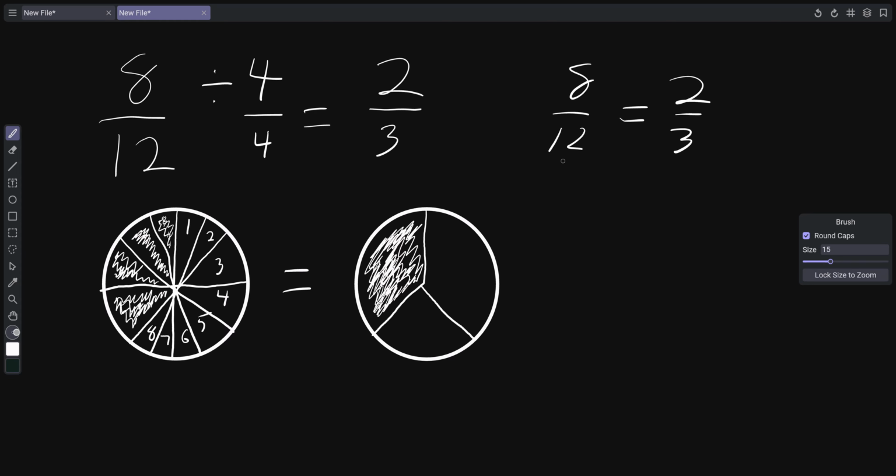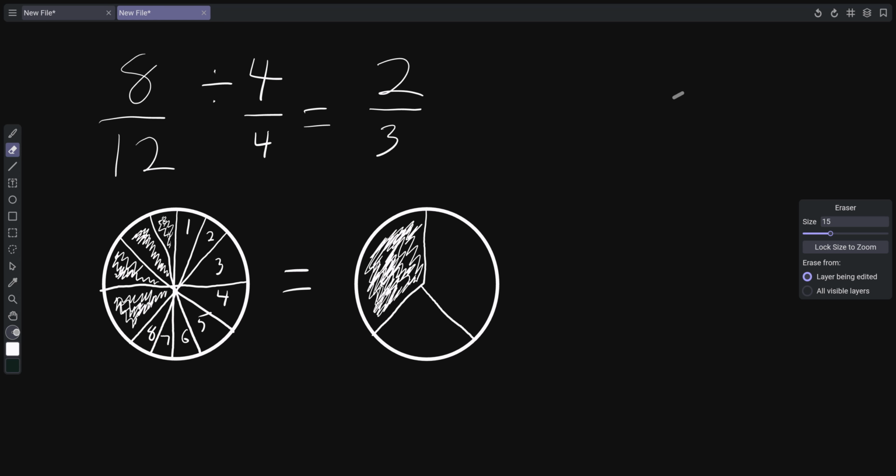Now, if you had a hard time taking out the greatest common factor from 8 over 12, there is a little trick you could have used, and you could use this trick anytime you see an even number over an even number.